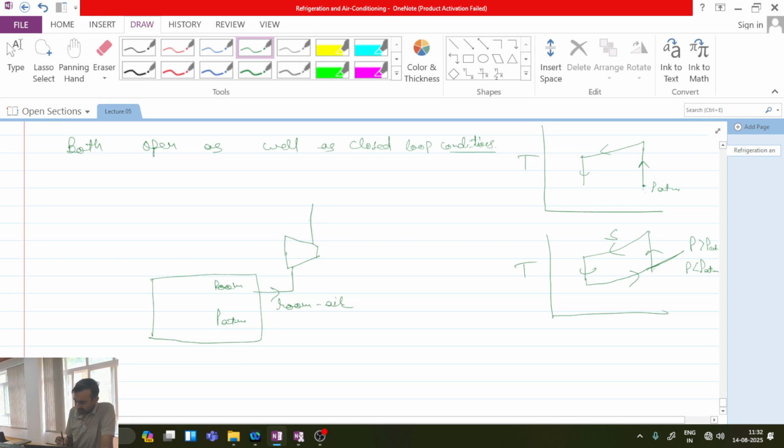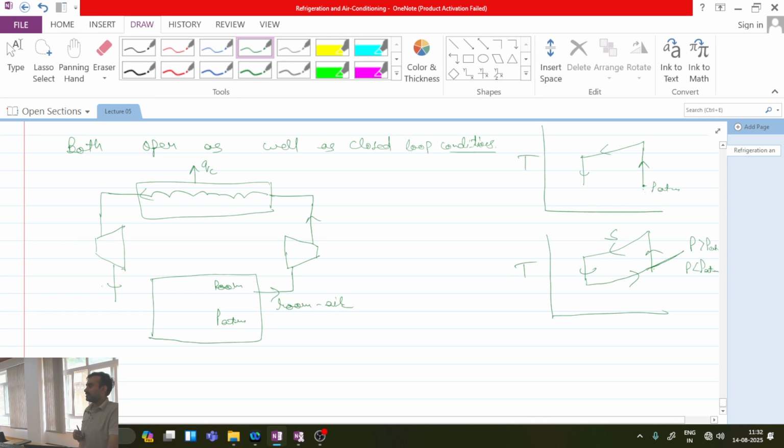Then you have compressed this room air, and in the heat exchanger you have rejected the heat from the room air, and then you have passed this room air over a turbine.